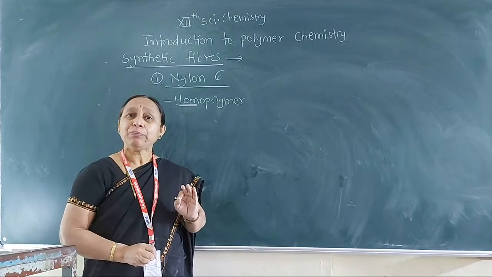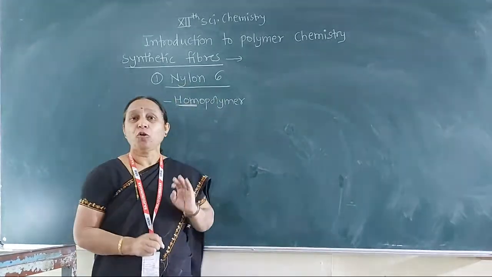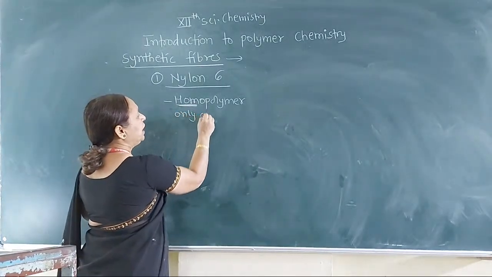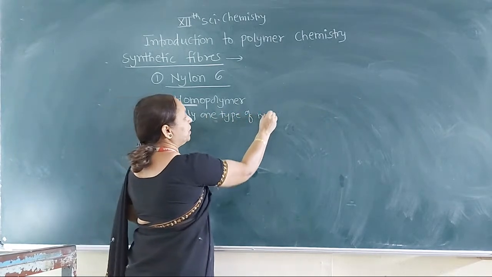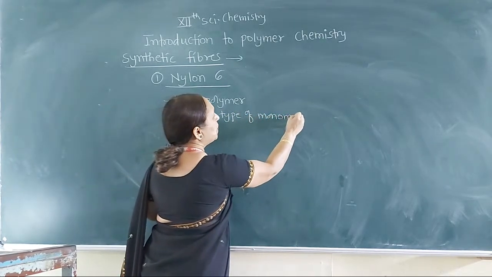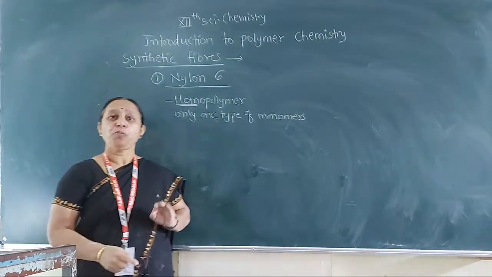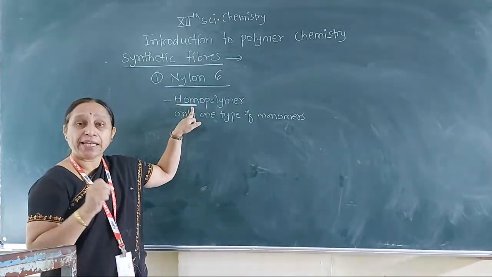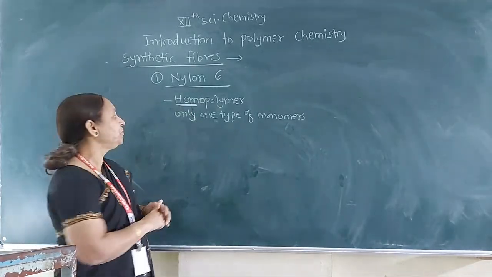Only one type of monomer is used for the preparation of this fiber. Here, the monomer units are of the same type, and hence this fiber is an example of a homopolymer.